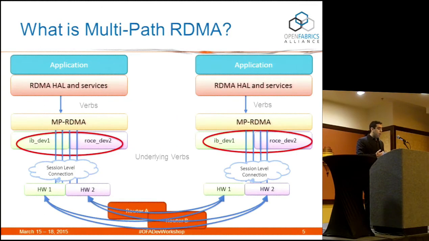So what exactly is multipath RDMA? It's a software-only solution. It's hardware agnostic, it's backward compatible, and it creates something that we call a layer 3 session, as we can see in this drawing.